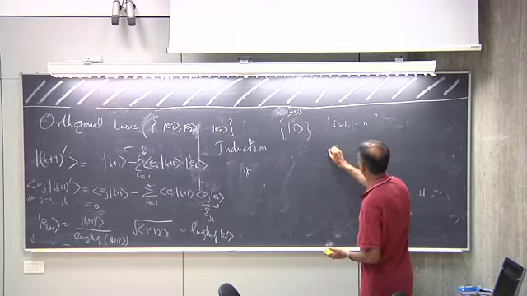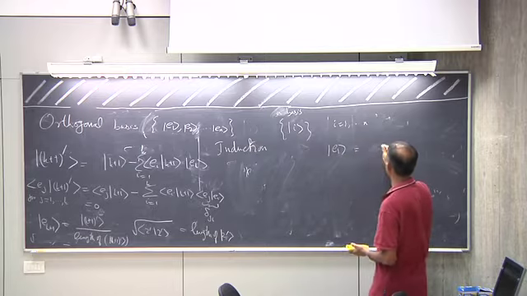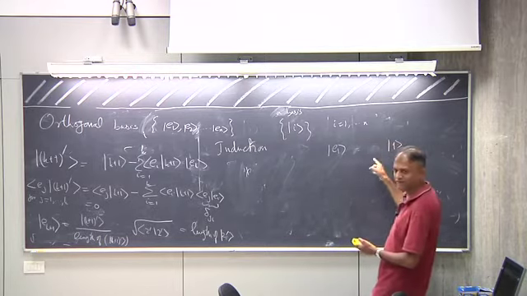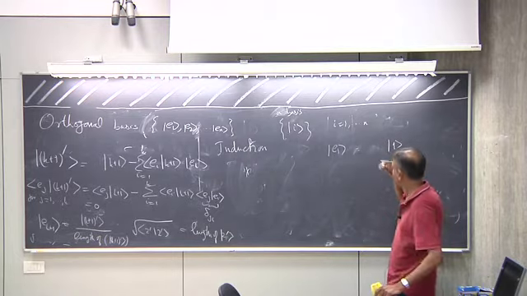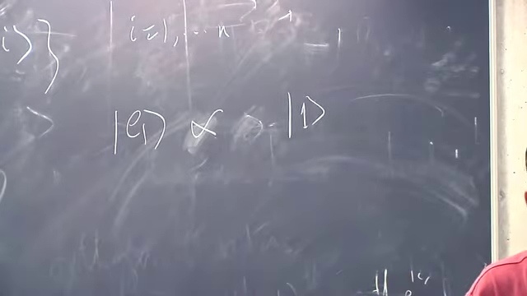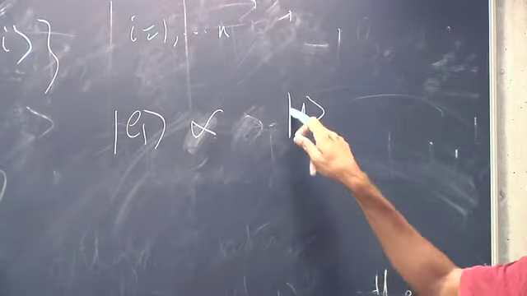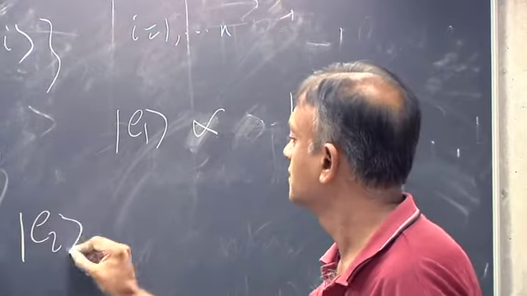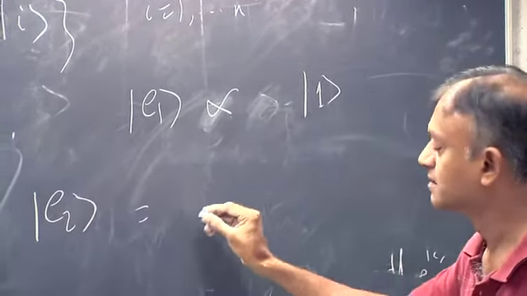E1 was just proportional to vector 1, was 1 times some number, divided by the length, which is a number. So it's basically, let me just write that, proportional to 1. It's simply this divided by the length of that. So, okay, E2 is a linear combination. Remember how we obtained that?